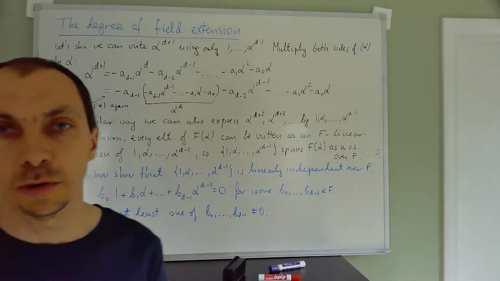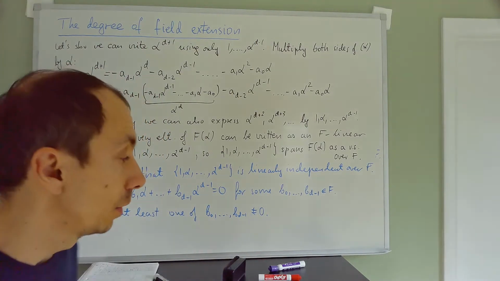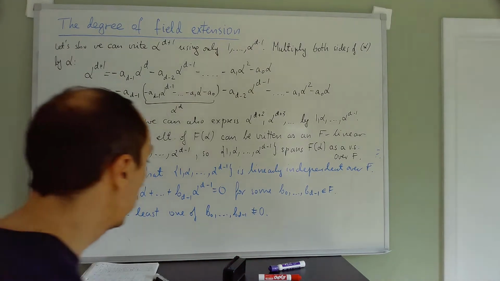I mean, if they're all 0, then we're already done. That's what we're trying to prove, that they are all 0. So suppose that one of them is non-zero.